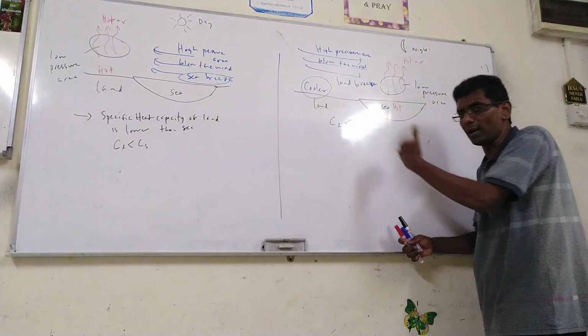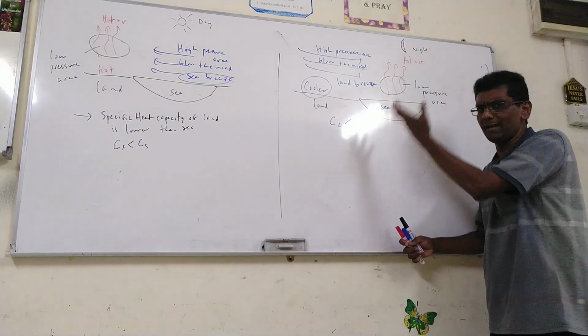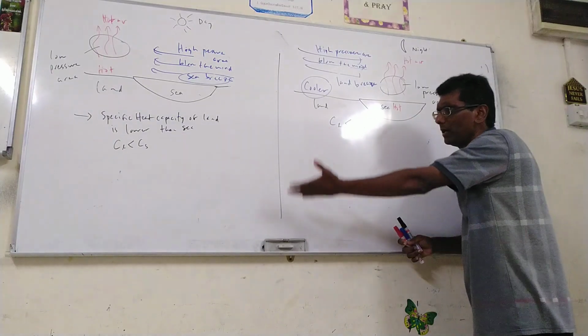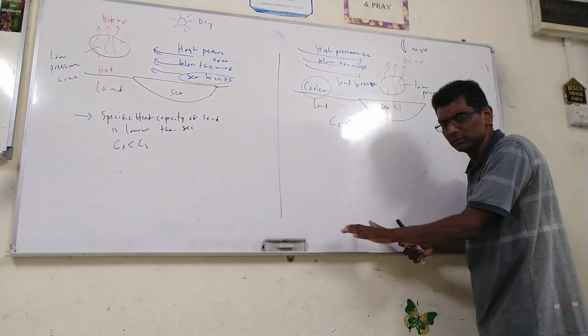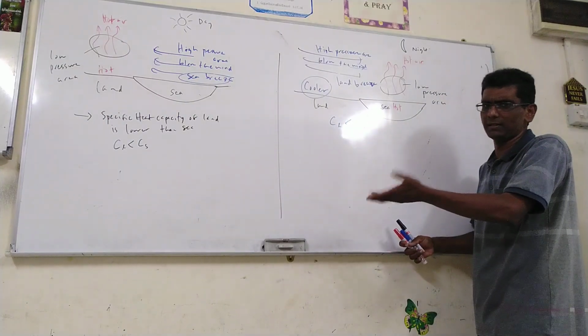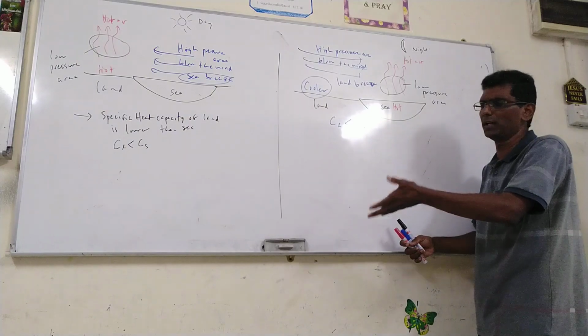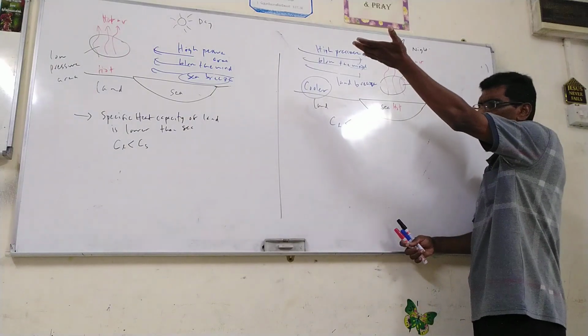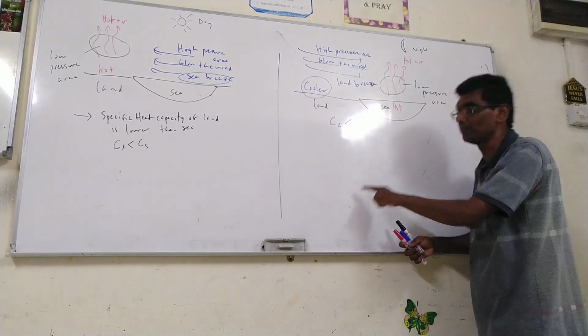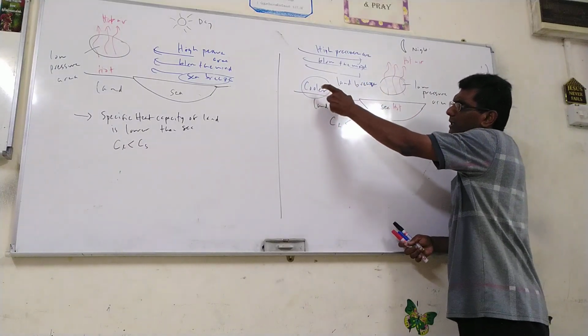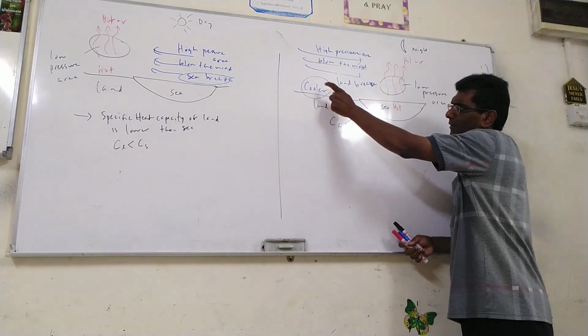Regardless of daytime or nighttime, land has low specific heat capacity. In the daytime land becomes hotter, in the nighttime land becomes cooler. That is one of the benefits of a low specific heat capacity material: temperature rises faster and cools down faster. So the temperature cools down faster for the land.